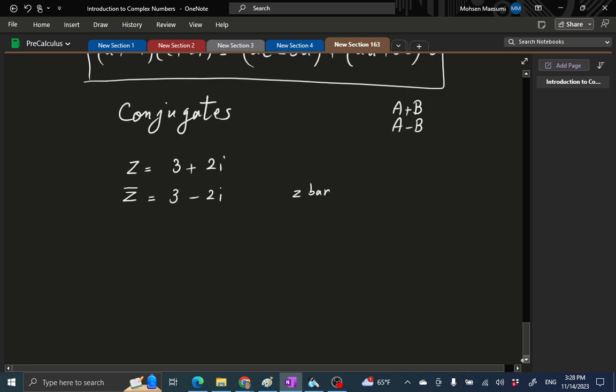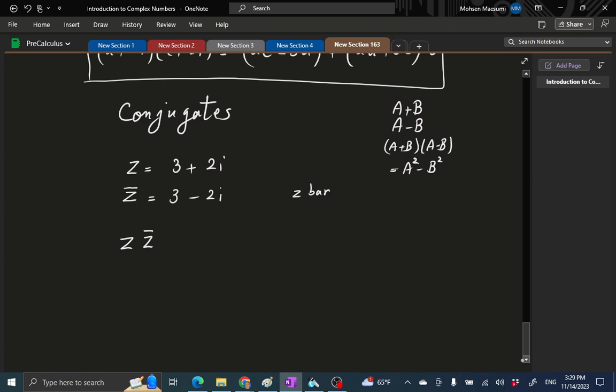What is special about this thing? Well, you remember again from middle school, if you have product of the sum and difference, you get difference of the squares of these two. So what do we get if I have z and z bar multiplied with each other? According to that, I have to get first one squared minus second one squared, or just multiply them out.